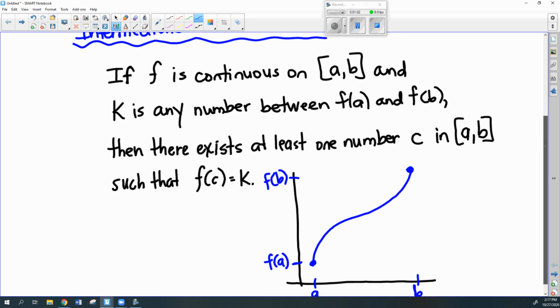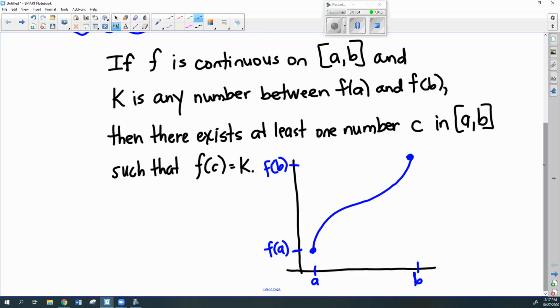And in terms of a picture, what that is saying is that as long as your function is continuous, and you have some k value between f of a and f of b, f of b could actually be smaller and f of a could be bigger. It doesn't matter as long as it's between the two.